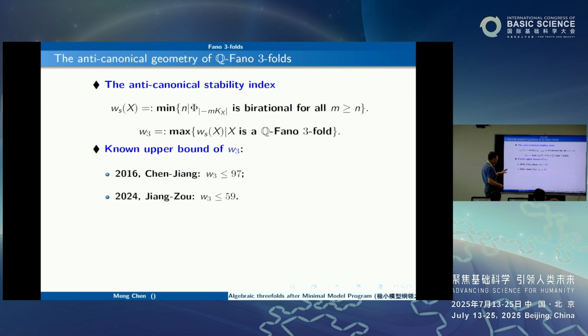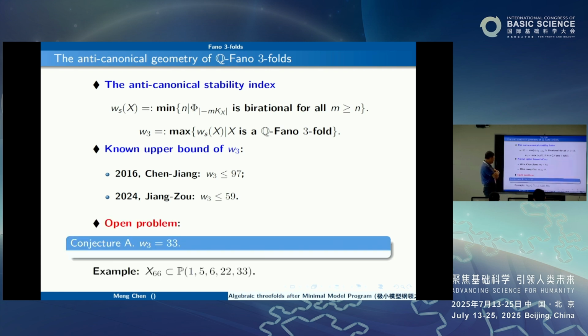So far we only know this upper bound, but from the point of view of classification, it's better if we know the exact number W3. But so far, due to technical reasons, it seems to be difficult to work out this number.